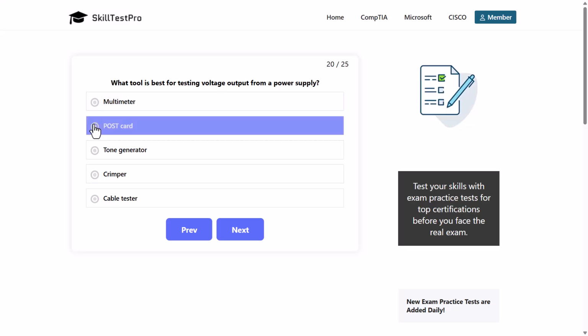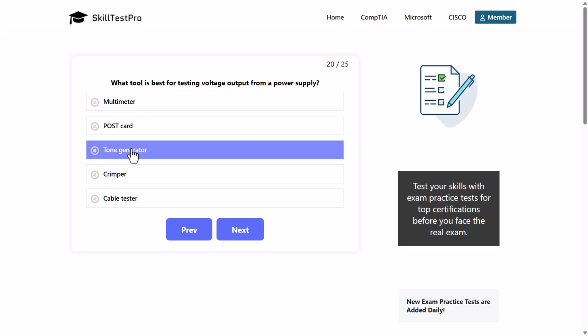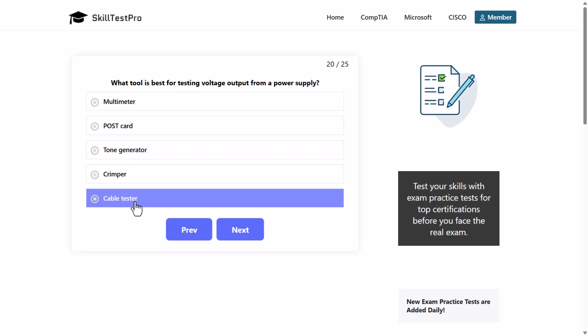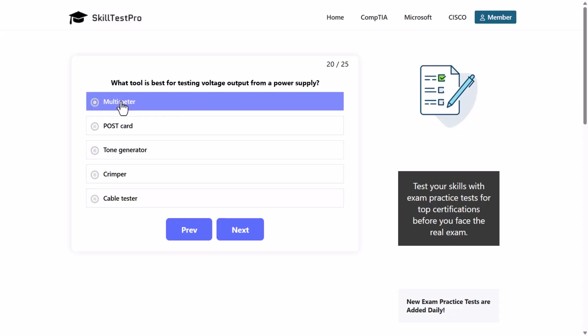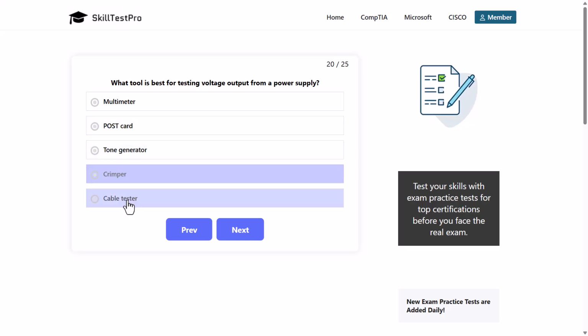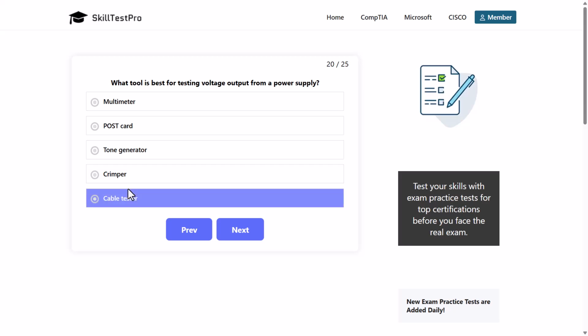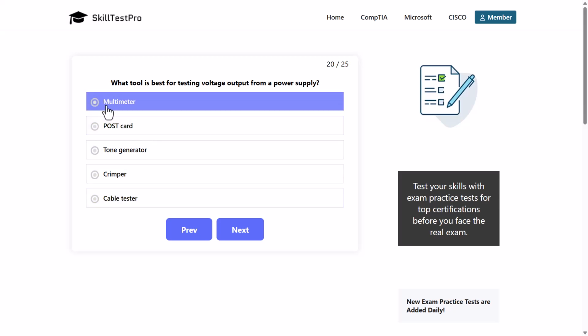What tool is best for testing voltage output from a power supply? Multimeter, postcard, tone generator, crimper, or cable tester. And sometimes maybe you don't know the correct answer, but you still know some of the tools outlined in your exam question. So check those tools which you understand and what they do, and that way you would be able to find the tool which you don't know for your exam.